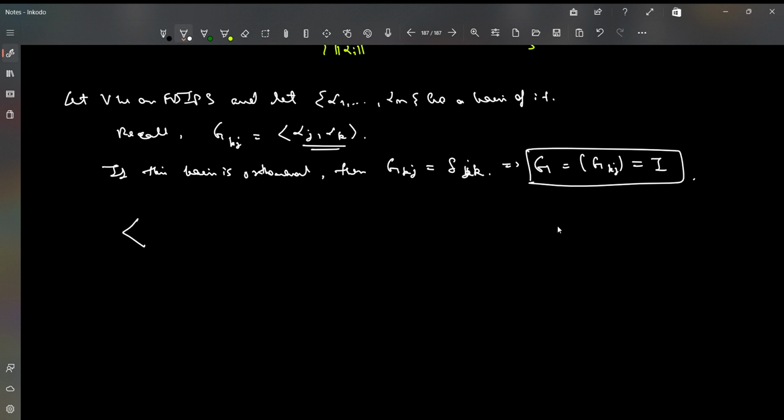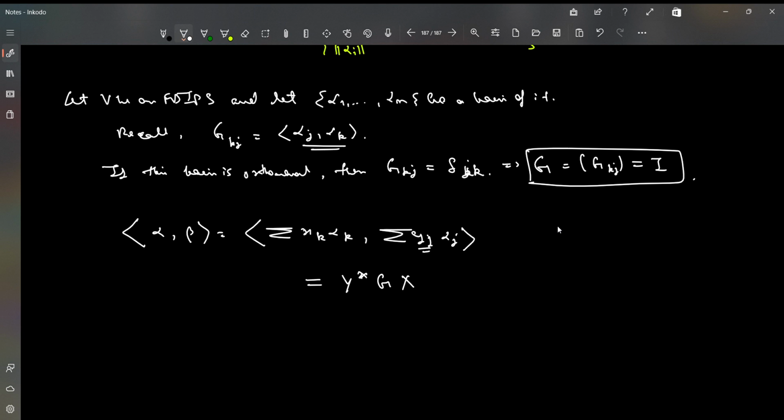We had the inner product of vectors alpha and beta, where alpha was given as the summation of x_k alpha_k and beta was given as the summation of y_j alpha_j. This was coming out to y star G x, as far as I remember, where y star was the conjugate transpose of the coordinate matrix Y, and X was the coordinate matrix of the vector alpha.